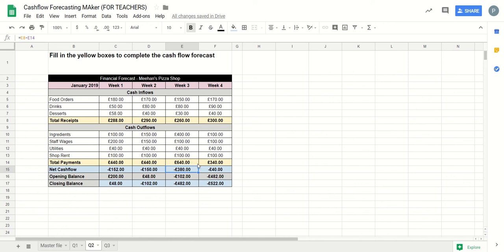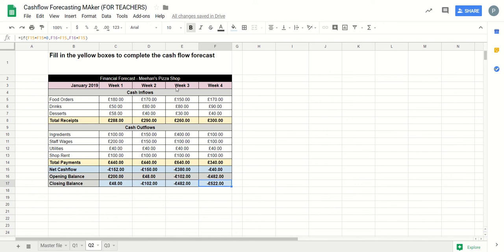And as a result, as well as having a minus opening balance, I'm now having minus 102 minus 380. So what we're ending up with is minus 482. So it gets worse and worse and worse. And by the end of the month, obviously, I'm really going downhill.